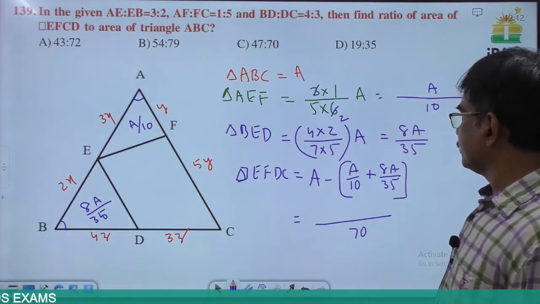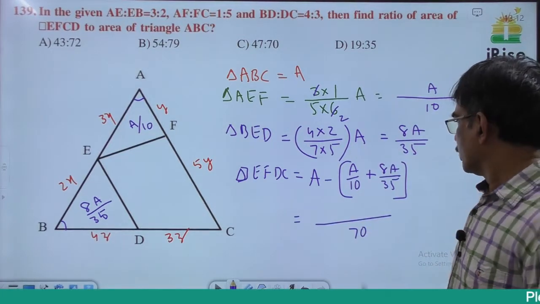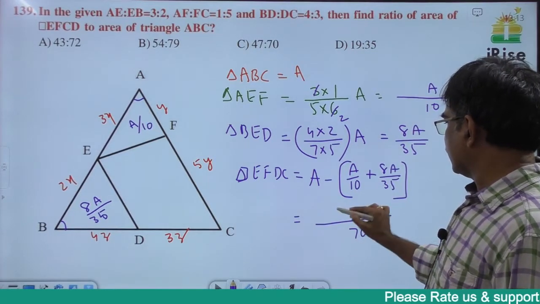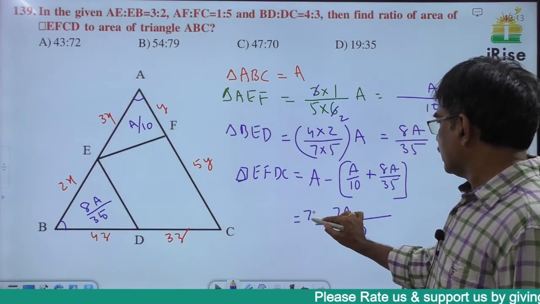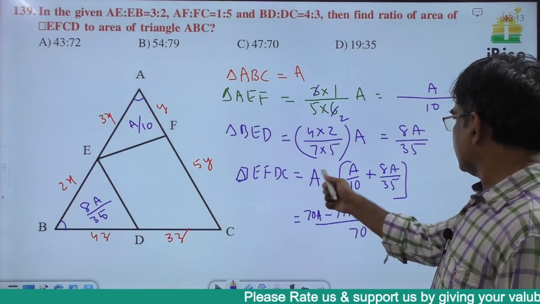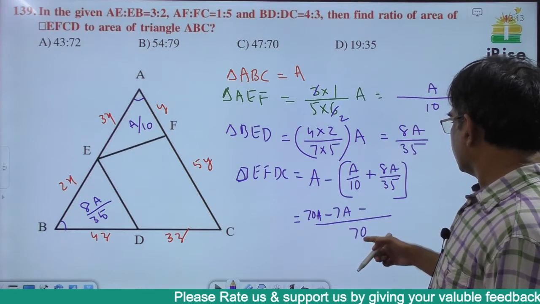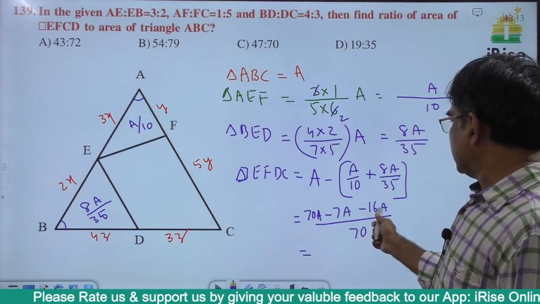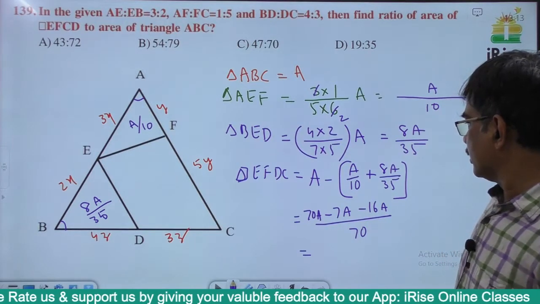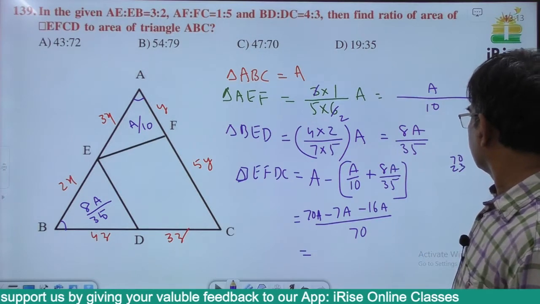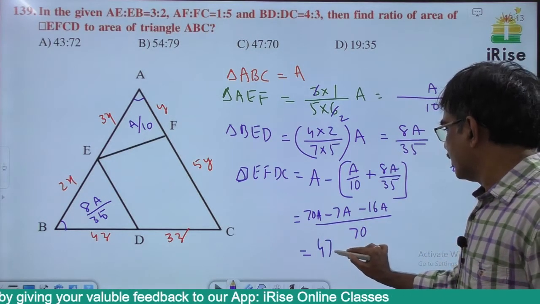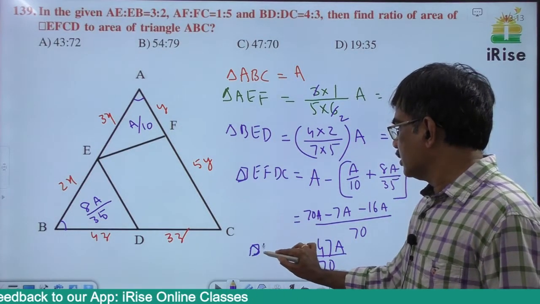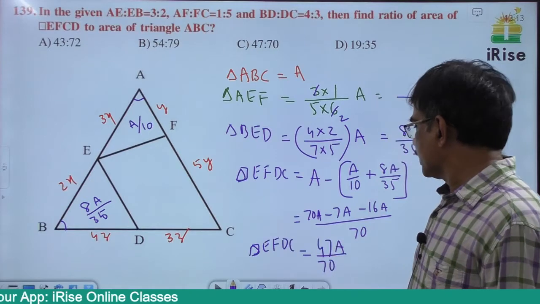LCM is 70. 7 tens, 10 7, so 70A minus 7A minus 16A. 7 plus 16 is 23, 70 minus 23, we get 47A by 70, which is the quadrilateral EFDC.